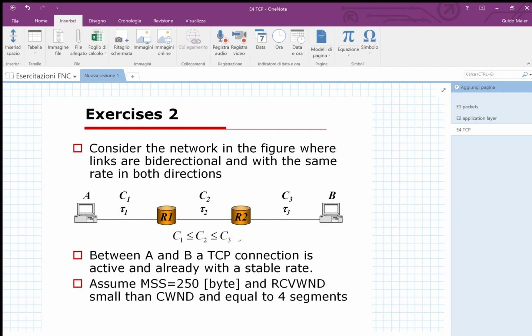And between A and B, a TCP connection is active and already stable with a stable rate. We can assume that the maximum segment size is 250 bytes. The receive window is smaller than the congestion window and equal to 4 segments.